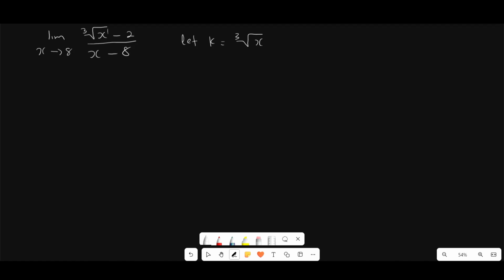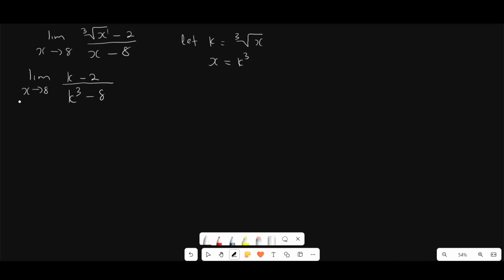So let k be equal to the cube root of x, and therefore if I solve for x, x is equal to k raised to the power 3. If I substitute, I'll have the limit as x approaches 8 of, remember cube root of x is equal to k, therefore k minus 2, divided by x which is k cubed, therefore k cubed minus 8.